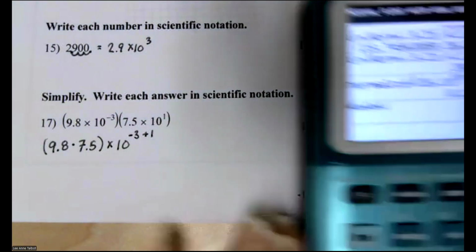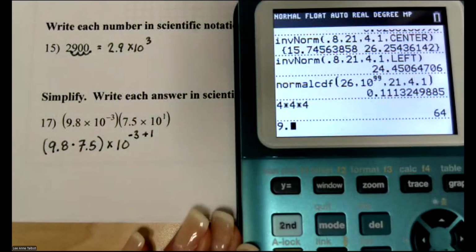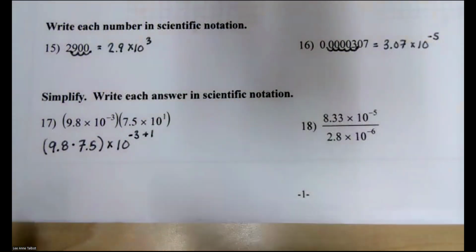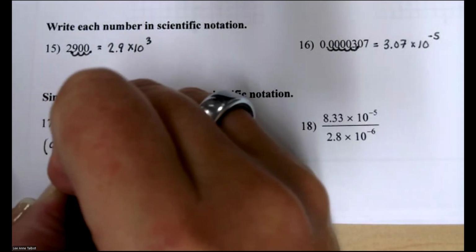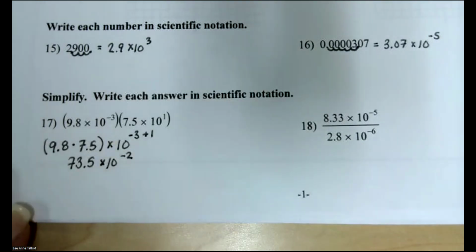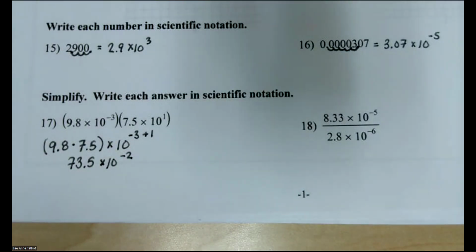Okay, so 9.8 times 7.5, 73.5. Okay, that's not the final answer though, because the number is too big, right?